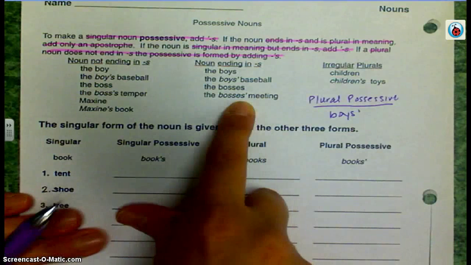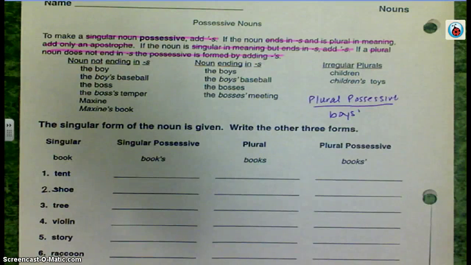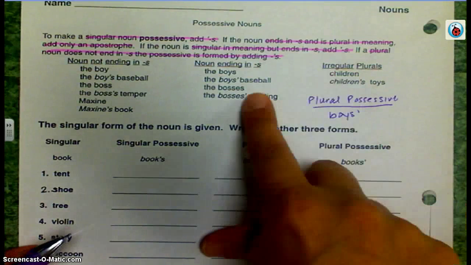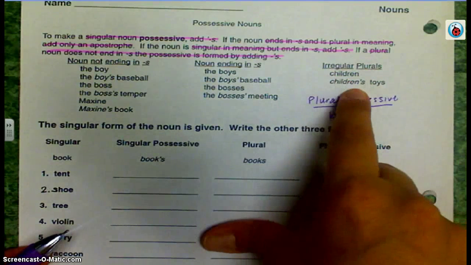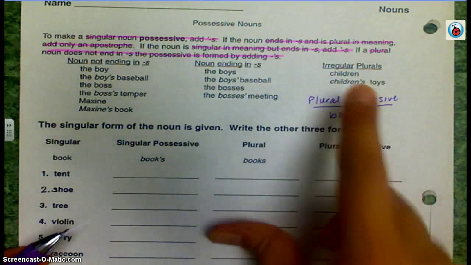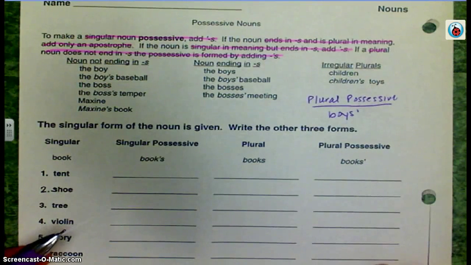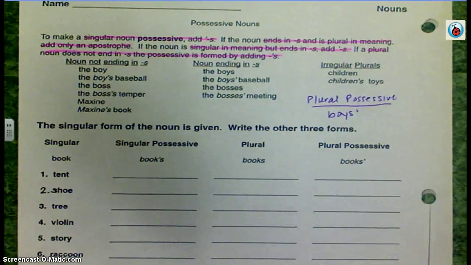And then irregular nouns, like child is not childs, it's children. So you would add an apostrophe S because there's no S, even though it's already plural. I know this is kind of confusing, but you'll get the hang of it as we go.